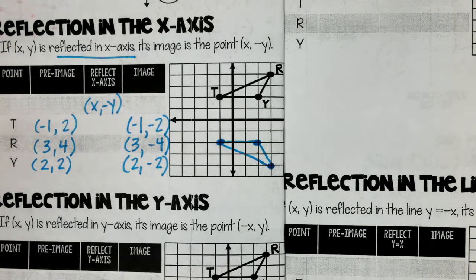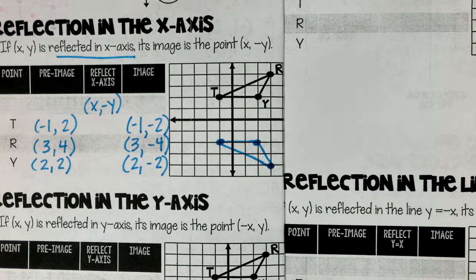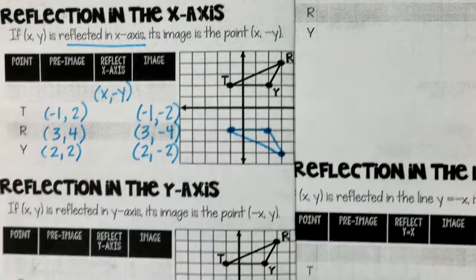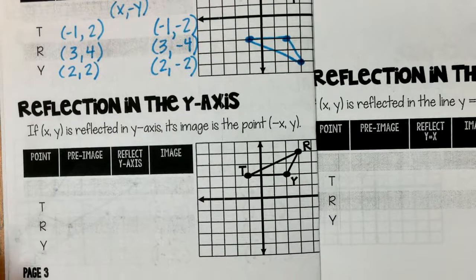All right, so we should have connected our points and made our new triangle. We're going to look at how to reflect over the y-axis.